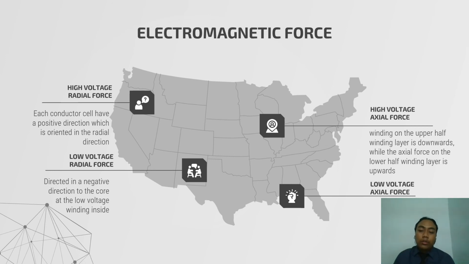As for the low voltage axial force, it will be completely opposite to what happens in the high voltage axial force, which is when the winding on the upper half has axial force, the layer will move upward, while the winding at the lower half will move downward.